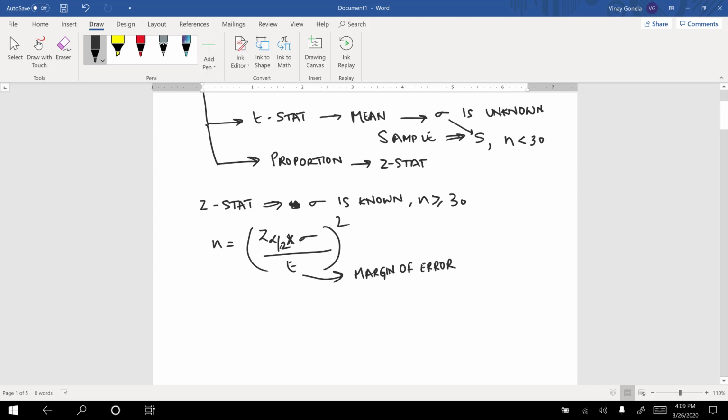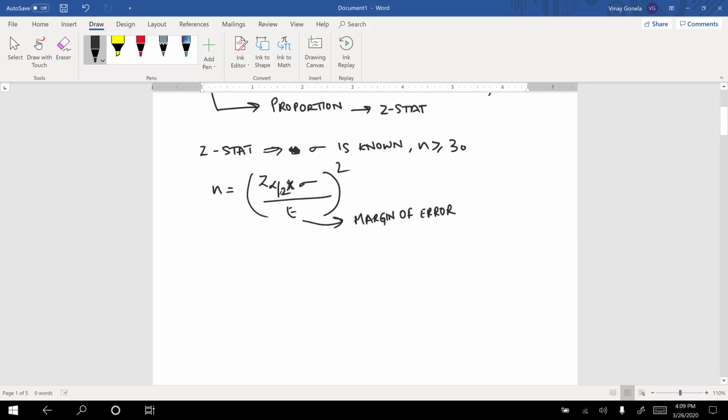So let's try to solve a problem on this. So calculate estimated sample size when confidence interval is equal to 80% and population standard deviation is known.